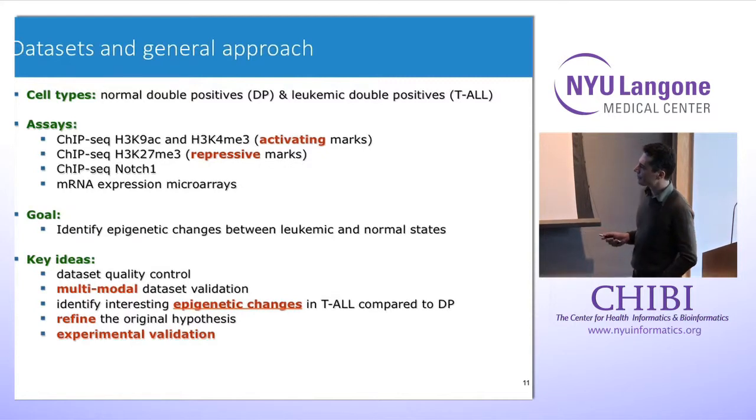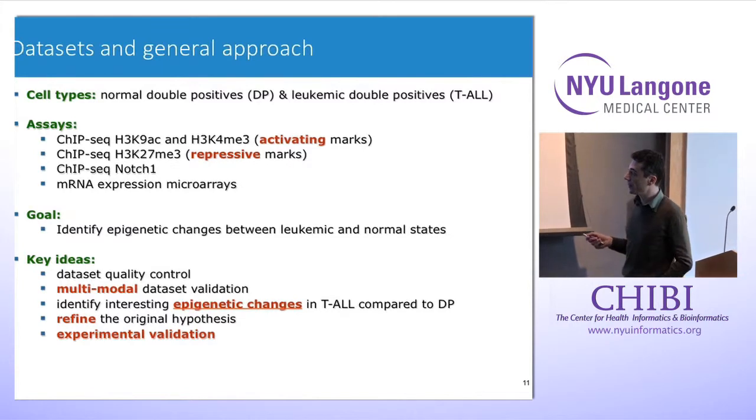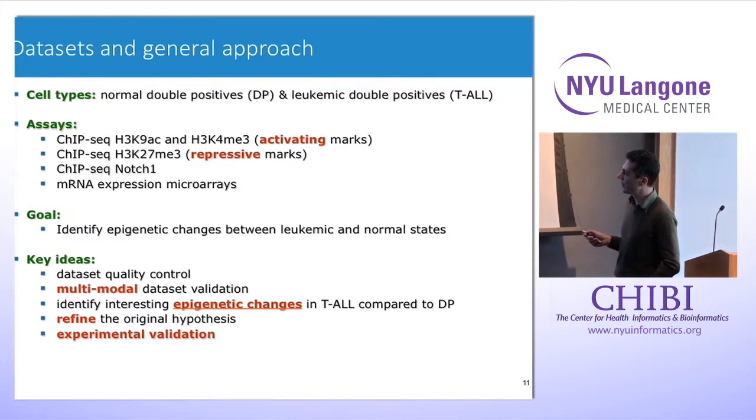Okay. So the goal was again to find some interesting changes, statistically at least, between leukemic and normal T cells in mice. And the key ideas of the analysis was to do a very comprehensive data set quality control, to understand our data. Again, that whole study started 5 years ago. ChIP-seq was not very much used at that point, so we really wanted to understand how it works, the properties of the data.